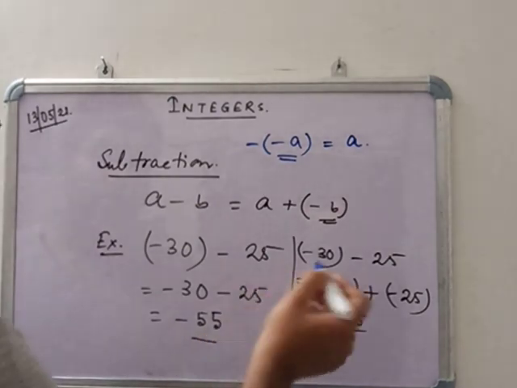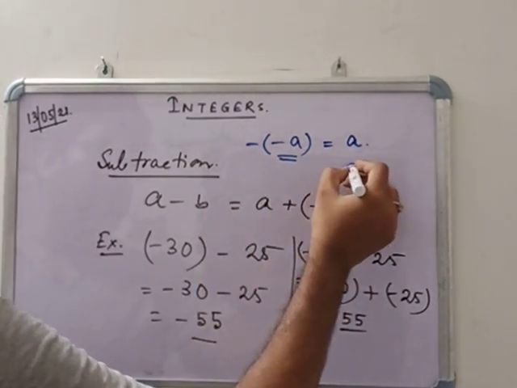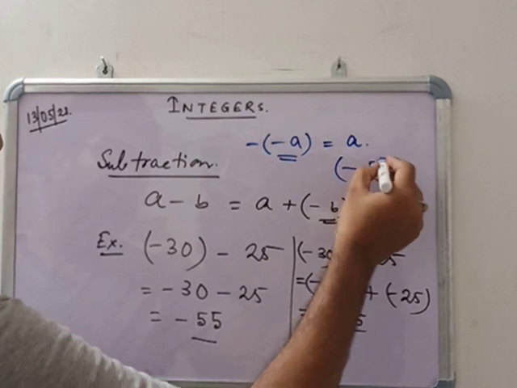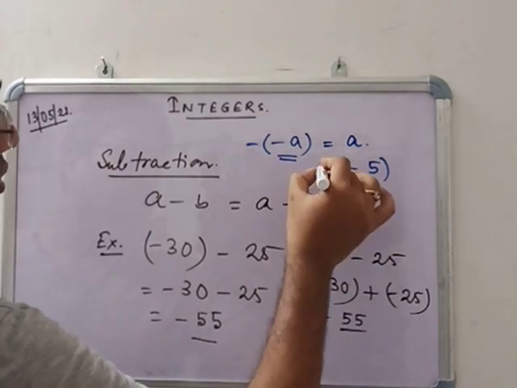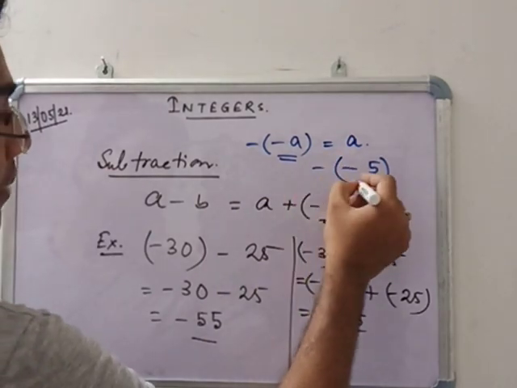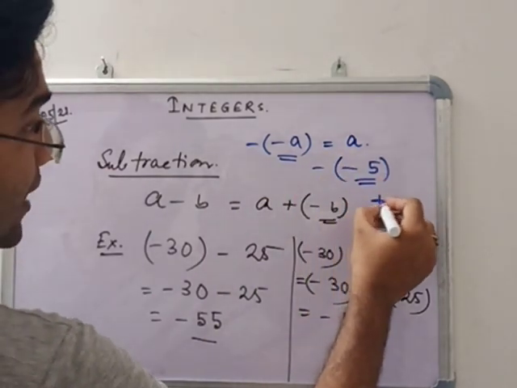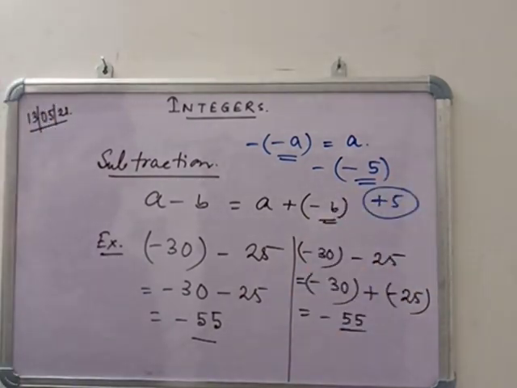We are thinking about minus 5. That means the additive inverse of minus 5 is plus 5.